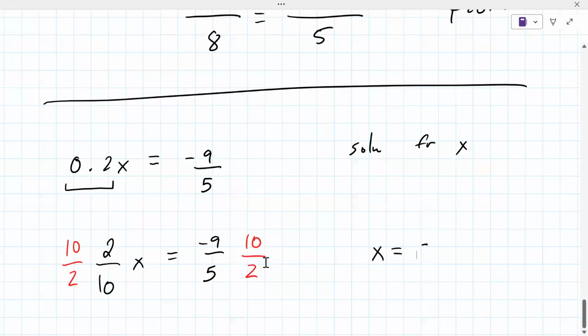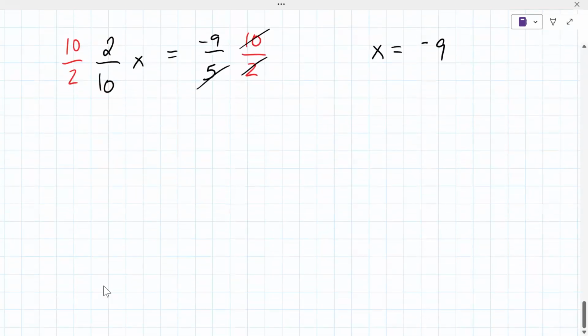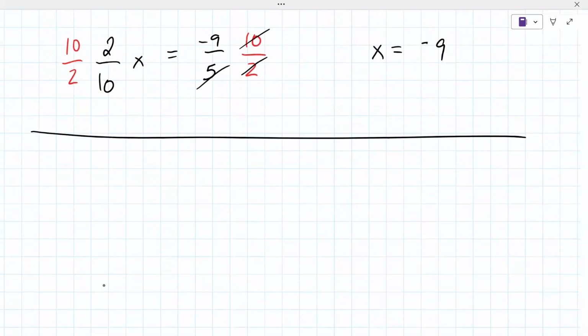Wouldn't the 5s cancel? Well, yeah, I mean, 2 times 5 is 10. These all cancel. So what is your final answer? -9. Okay, let's do another one. I kind of expect that to go a little better.